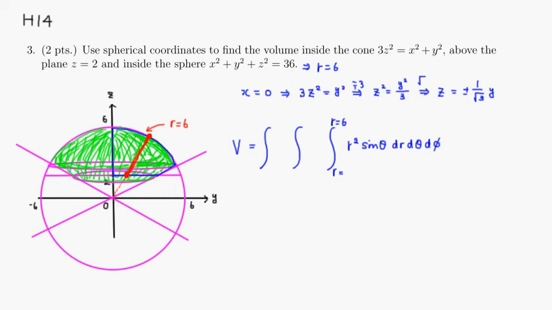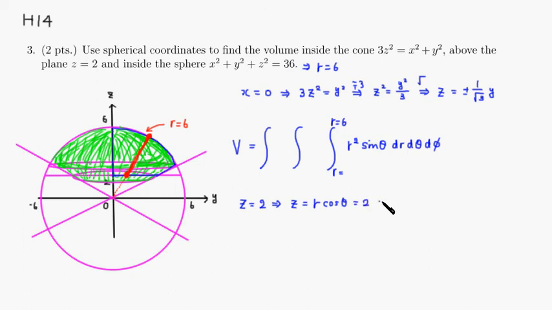Remember that z equals 2. You can write z as r cosine of theta, so r cosine of theta is equal to 2.